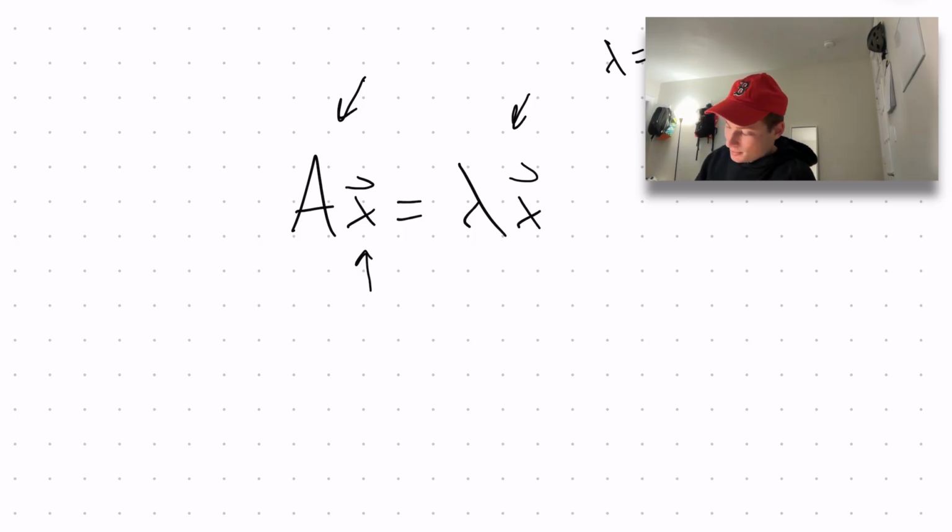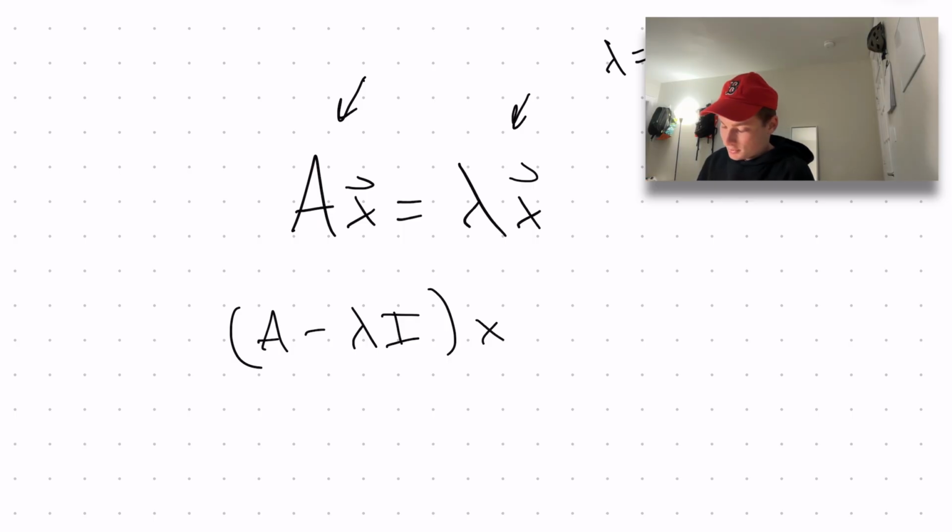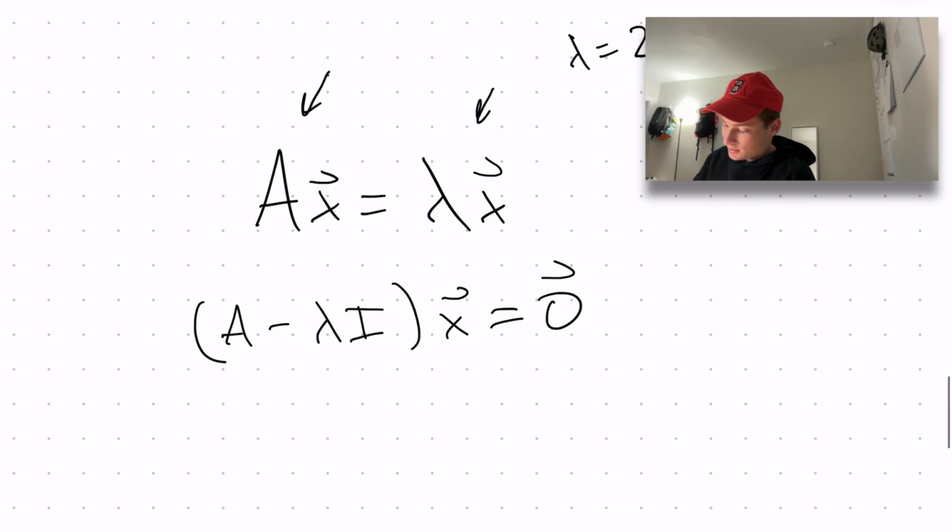So there's a way to calculate this, which I think is less important, but we can go through a little bit here. Right, so this is what it looks like. And you do that by basically Ax minus lambda x equals 0.